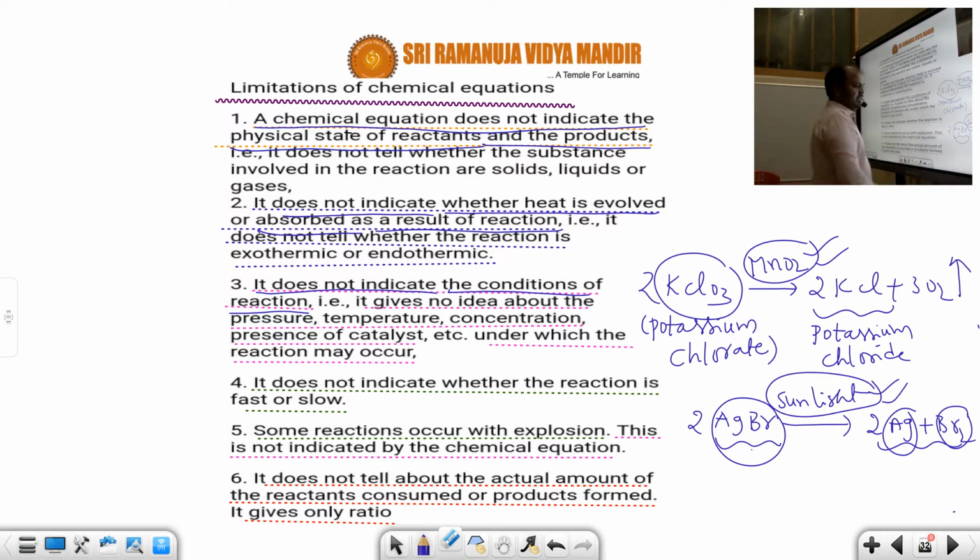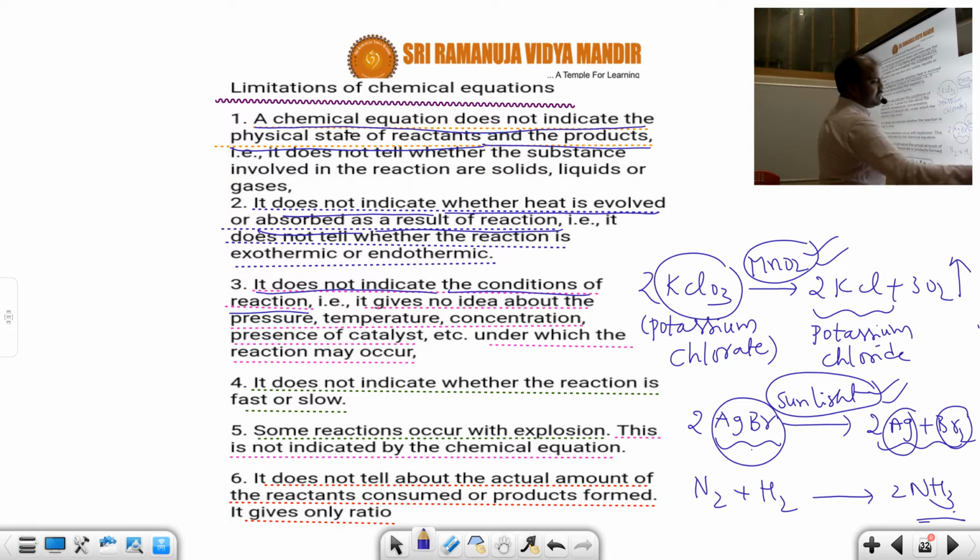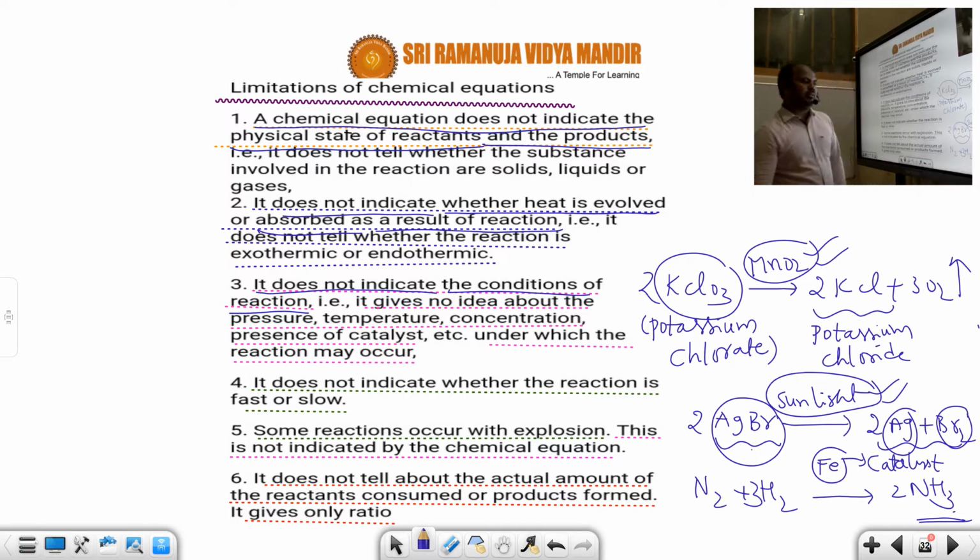If you take another example, nitrogen reacts with hydrogen to form ammonia. NH3 stands for ammonia, which is a gas. In this chemical equation, we require a catalyst; here iron is used as a catalyst. A catalyst means a substance which does not participate in the chemical reaction but alters the reaction.